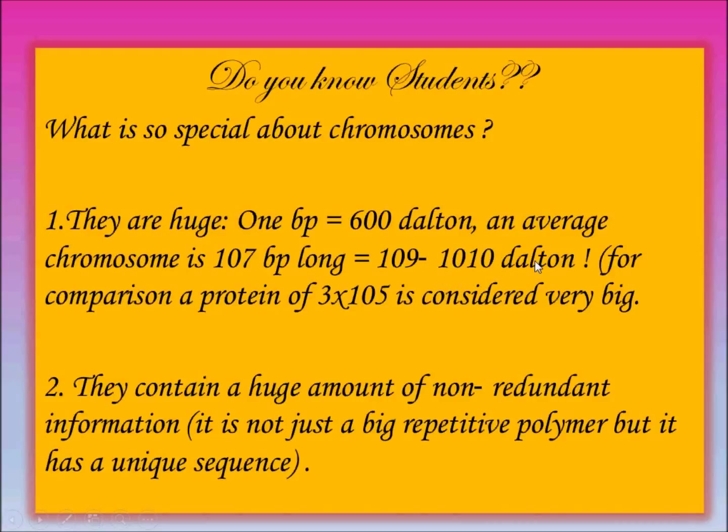For comparison, a protein of 3 x 10^5 Daltons is considered very big. They contain a huge amount of non-redundant information. Non-redundant means without repetition. It is not just a big repetitive polymer, but it has a unique sequence.